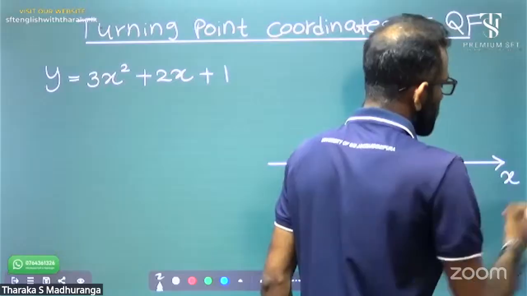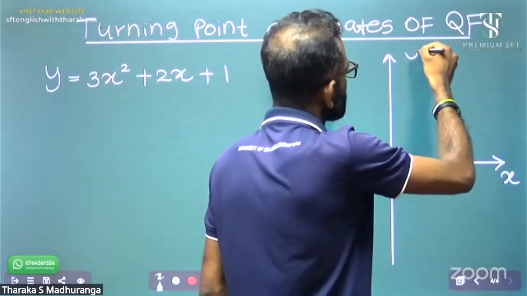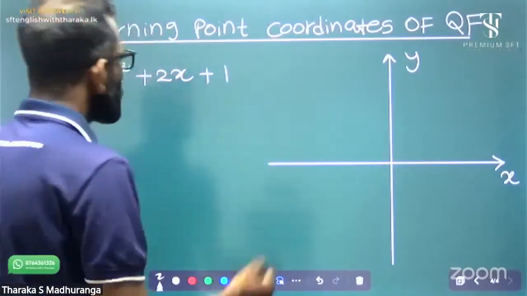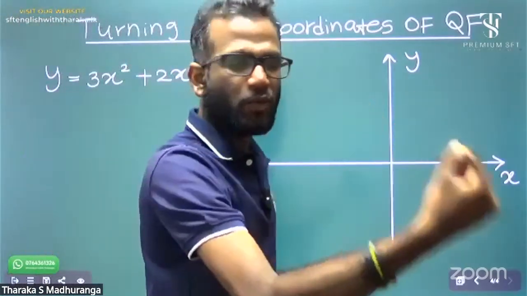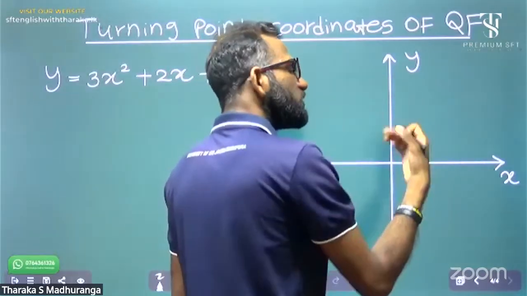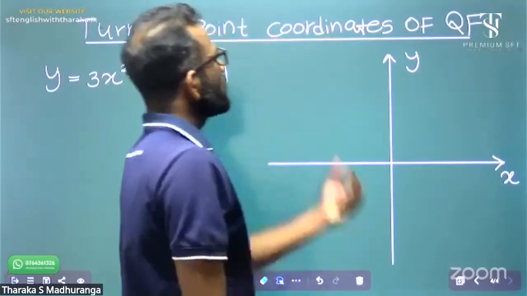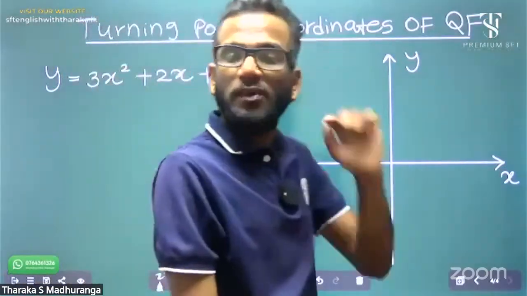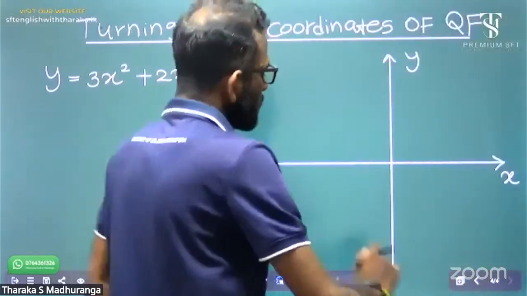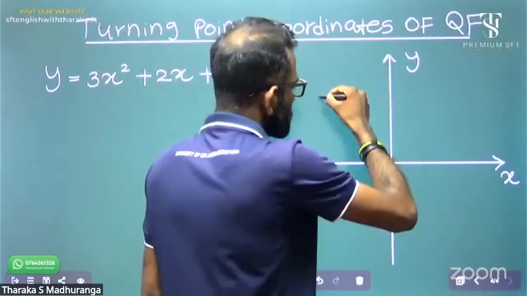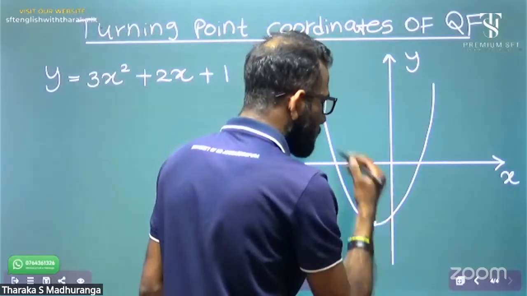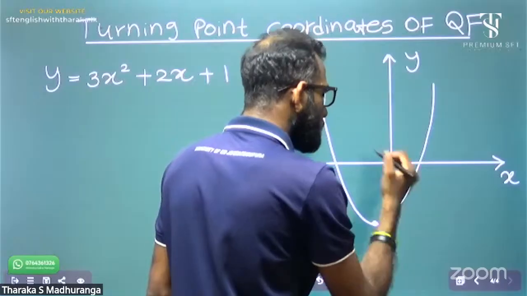This is the x axis and this is the y axis. Now how about the shape? It is minimum. You all are correct. But we don't know where its turning point is. If it is a minimum quadratic function, the turning point is the minimum point.